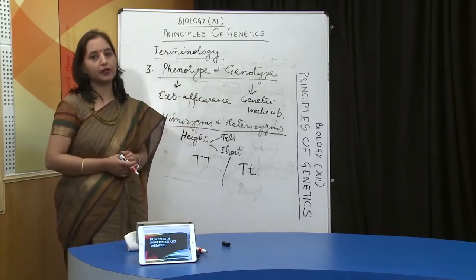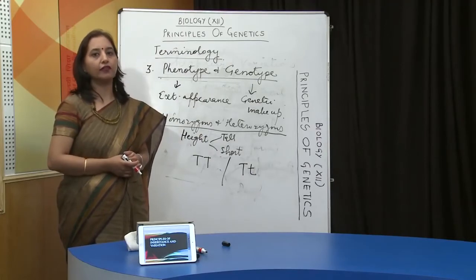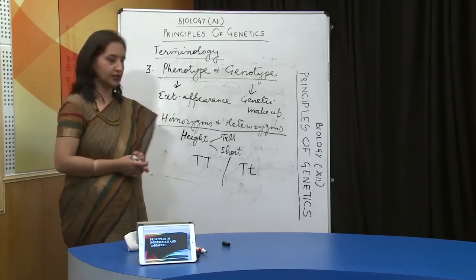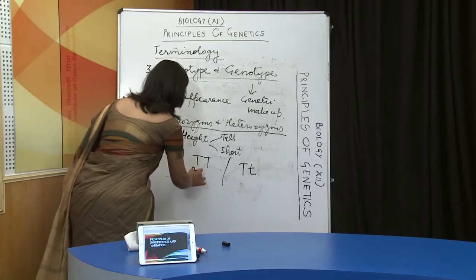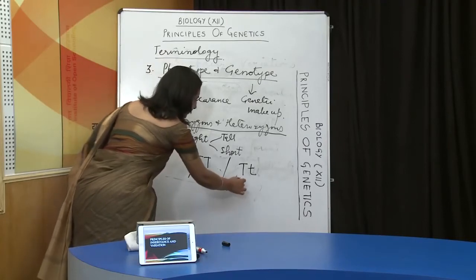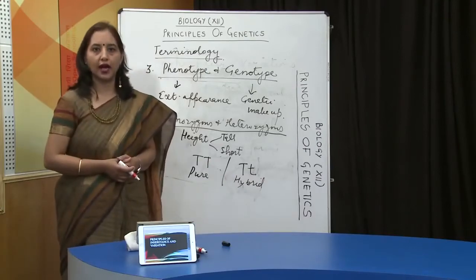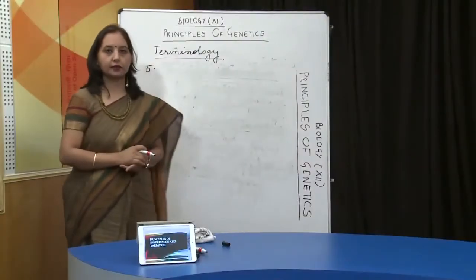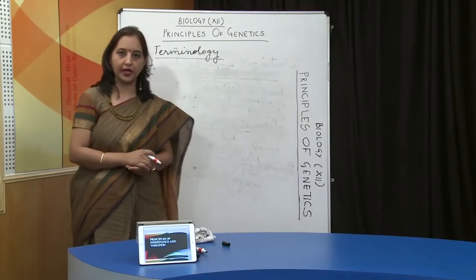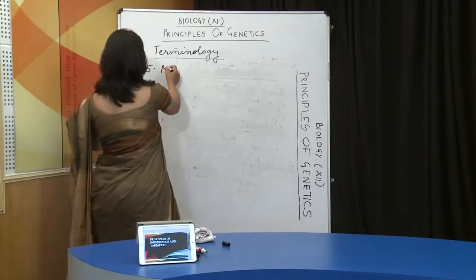We have dissimilar alleles or dissimilar factors or dissimilar pairs of genes. This is pure or homozygous, and this one is heterozygous or hybrid.